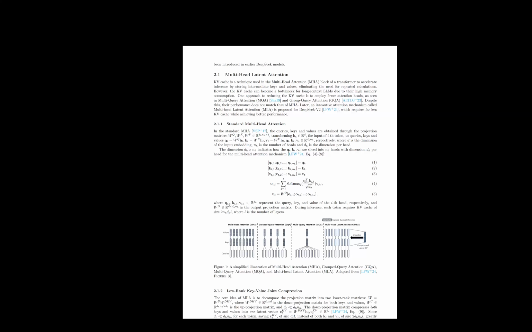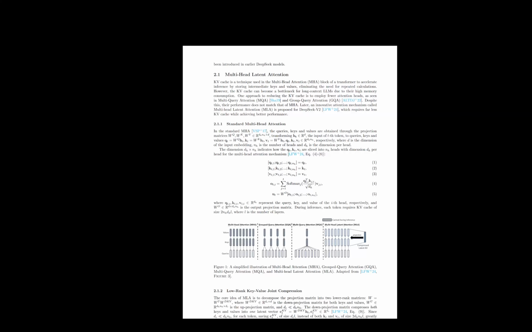2.1 Multi-head latent attention. KV cache is a technique used in the multi-head attention (MHA) block of a transformer to accelerate inference by storing intermediate keys and values, eliminating the need for repeated calculations. However, the KV cache can become a bottleneck for long-context LLMs due to their high memory consumption.